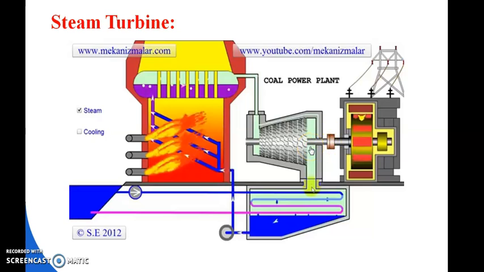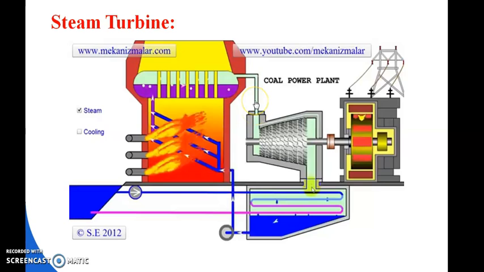Here in the turbine, there are two important parts inside this turbine. One is your nozzle and the second one is your turbine blade. In the nozzle, first the steam coming out from the boiler enters the nozzle.